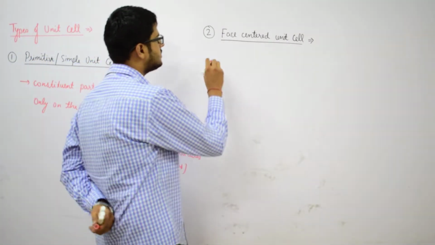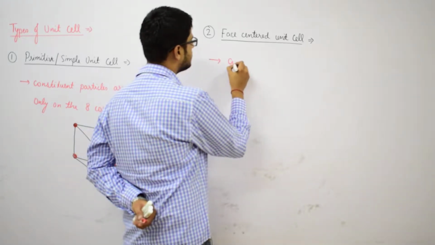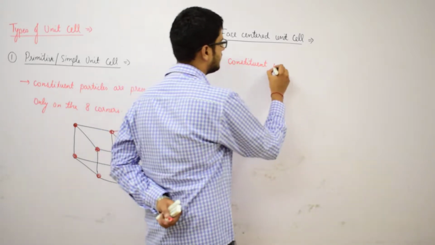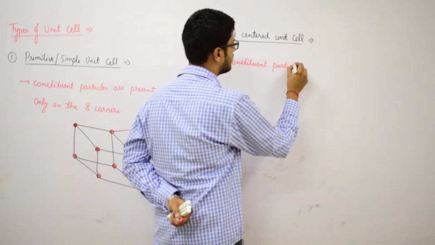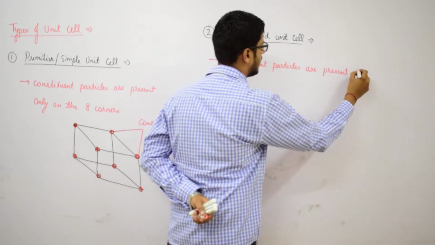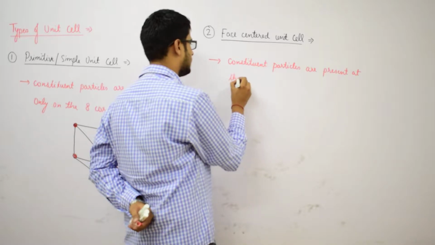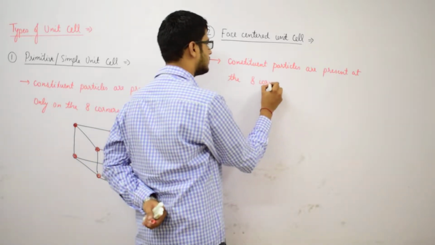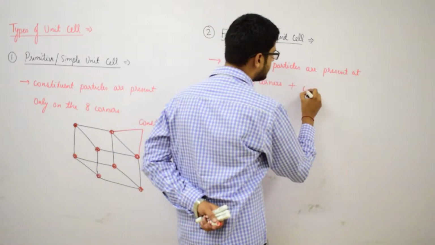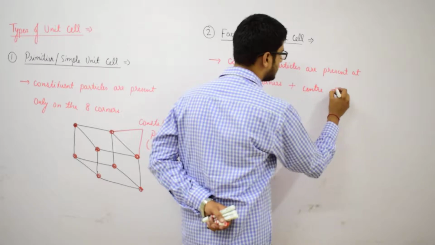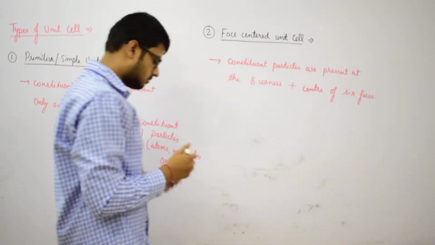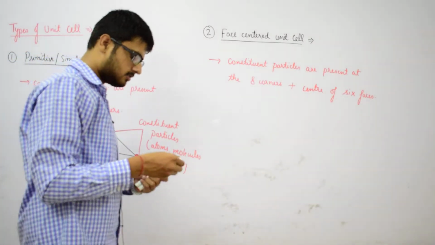In case of face centered unit cell, the constituent particles are present at the 8 corners and also on the centers of 6 faces.